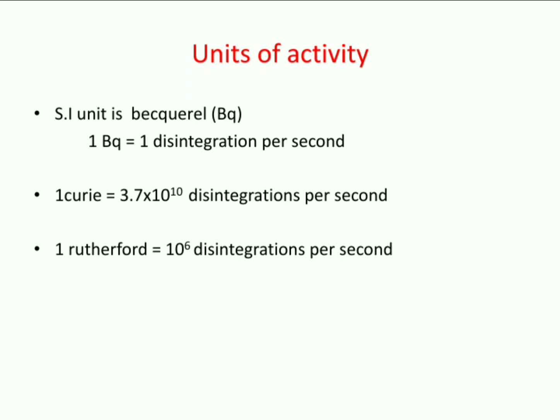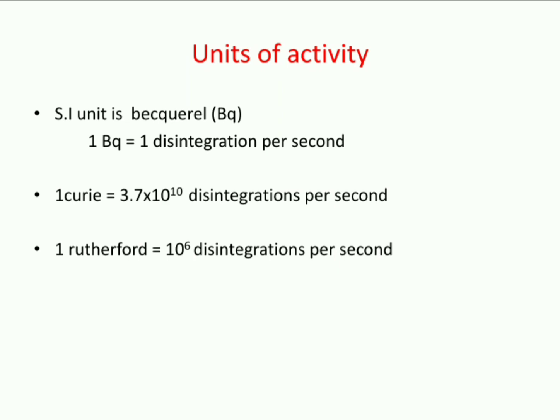So the unit of radioactivity is named after him. Apart from this, there are two more commonly used units, Curie and Rutherford. 1 Curie is 3.7 into 10 power 10 disintegrations per second, and 1 Rutherford is 10 power 6 disintegrations per second. So all these three are called units of activity.